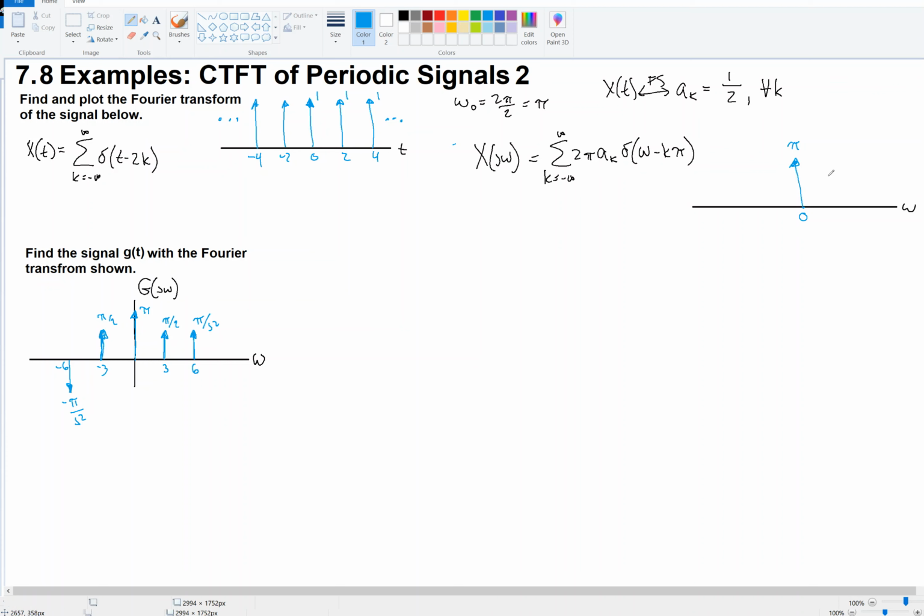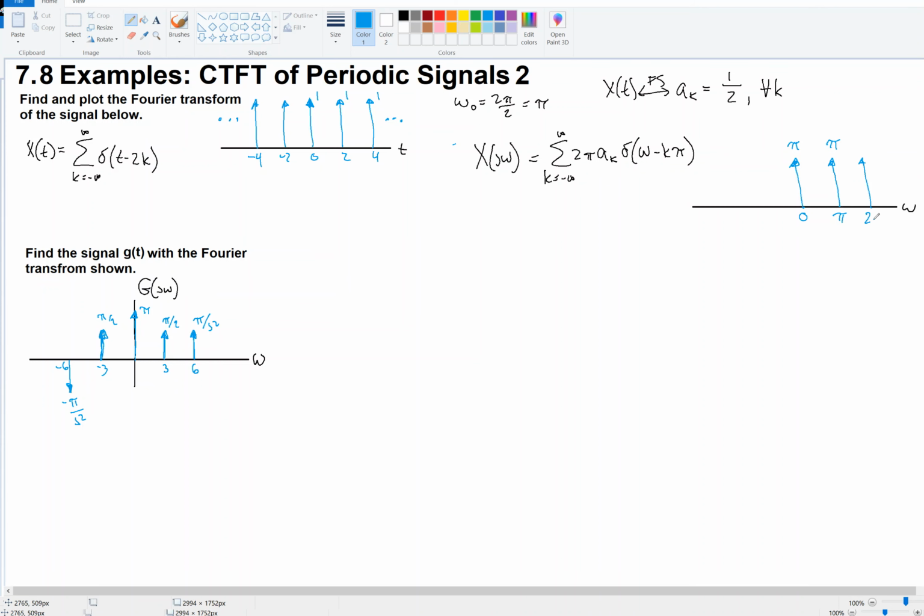Great. So what about the k equals 1 term? Well, for the k equals 1 term, I have a delta function that is shifted by pi. So I'm going to draw that here. Here's pi. And what's its scaling coefficient? Well, 2 pi times 1/2, pi. And we'll continue on like this.